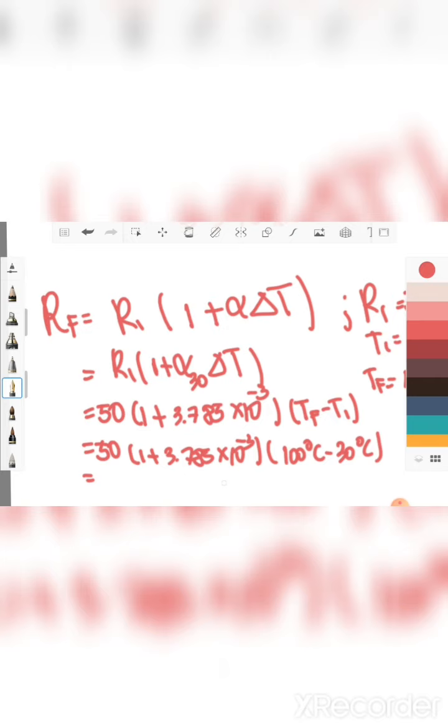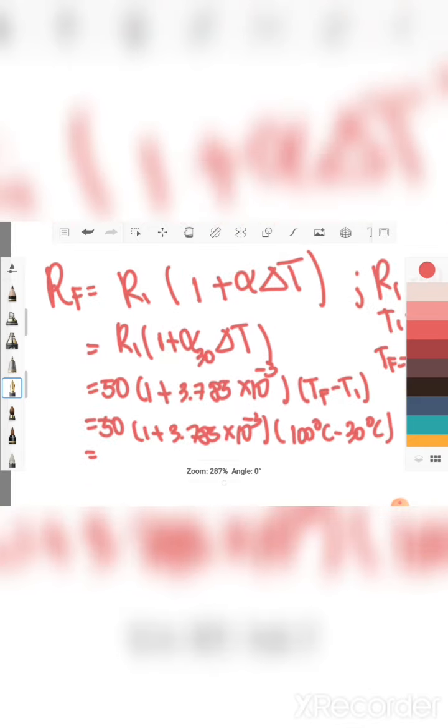Syntax error. So times 70. We have a value equal to 63.2475 ohms.